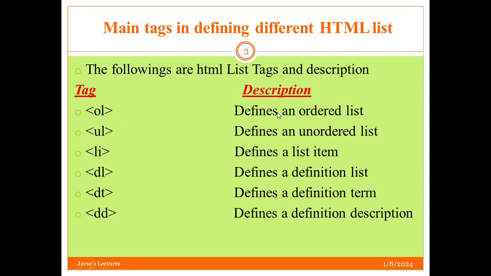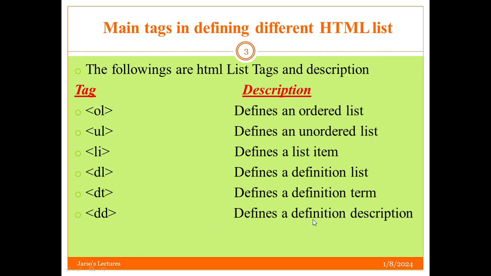This means to define an ordered list. UL tag to define an unordered list. LI tag, or list item, defines a list item. DL tag to define a definition list. DT tag to define a definition term.